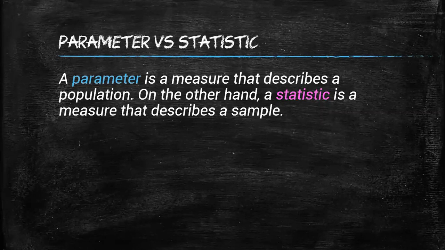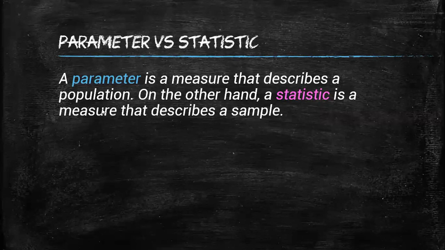Otherwise, if the data being analyzed is from the data sets of the sample, that is what we call a statistic. So before we process our data, we need to check it first if it's a parameter or a statistic, because we have different ways in approaching such data being analyzed.